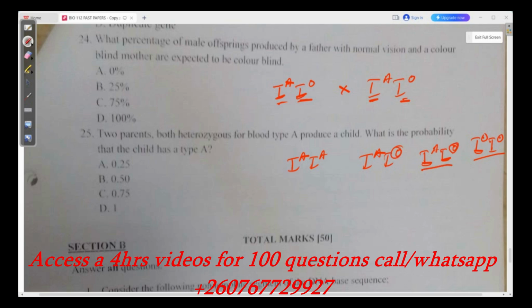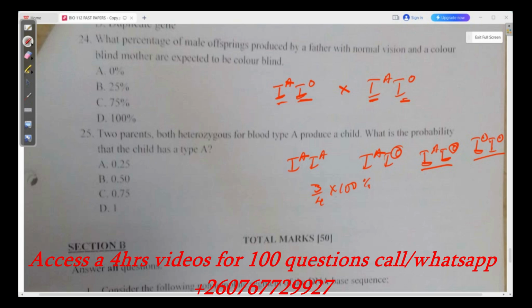So the question is, 2 parents, both heterozygous for blood group A, produce a child. What is the probability that the child is blood group A? So we have 3 of the 4 are going to be blood group A. So we have 3 out of the total 4 multiplied by 100%.